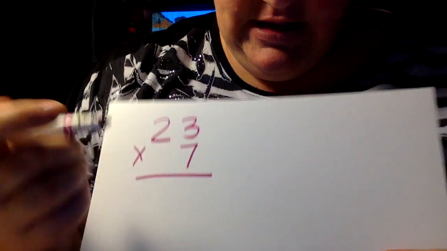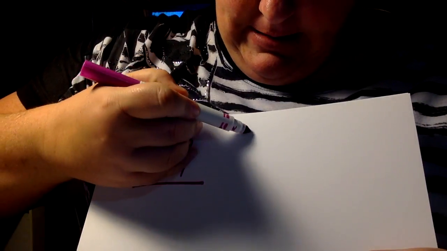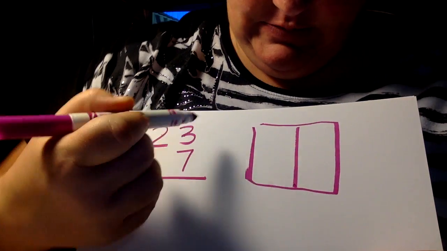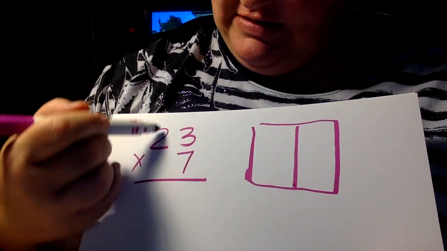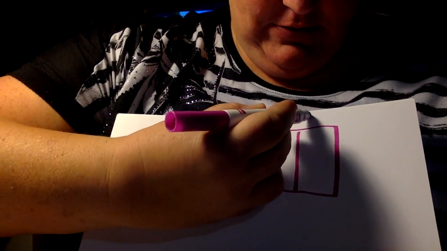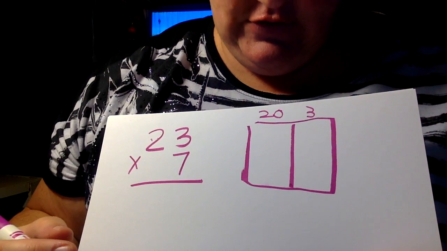I have all my colored pencils here beside me, and let me show you what I mean. I'm going to work really quickly on this one. Here I have 23 times 7. Since this is a 2 by 1, I'm going to go ahead and draw my box that's 2 columns by 1. I'm going to take my 23 and make a 20 and a 3, because that's what each value is worth.